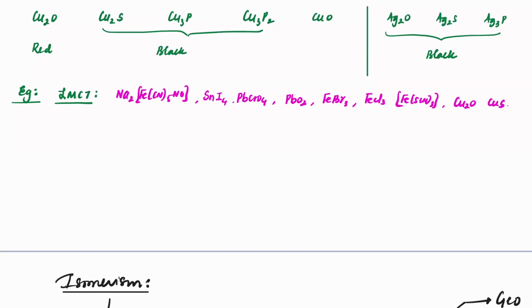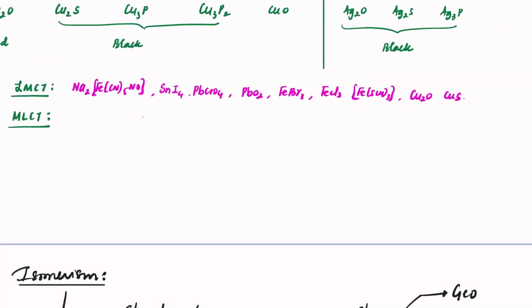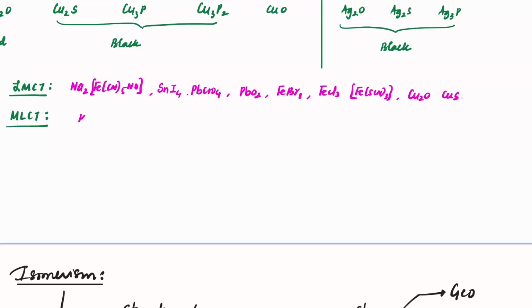Next one is MLCT. When it comes to MLCT cases, notice that K4[Fe(CN)6] is metal to ligand charge transfer. Ni(CO)4. Got it? Fe(CO)5. Got it? You know that Fe(η5-C5H5)2, we'll write sigma pi, is called ferrocene.